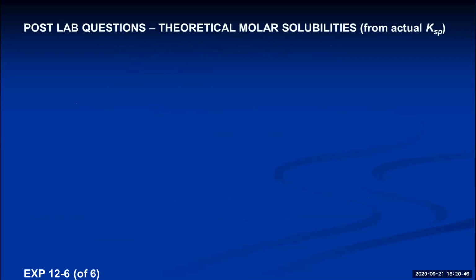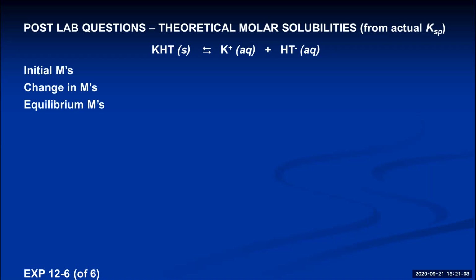Now, in the post lab, I'm going to give you a couple of questions. I'm going to give you the actual KSP for the potassium bitartrate, and I'm going to ask you to calculate theoretically what the molar solubility should be, a typical type of calculation you do with solubility product constants. So in pure water, you're going to assume that there are no potassium ions or bitartrate ions in regular old water, so they're going to be 0 and 0. The reaction proceeds spontaneously to the right, and so at equilibrium, we're going to have X molarity of the potassium ions and the bitartrate ions.